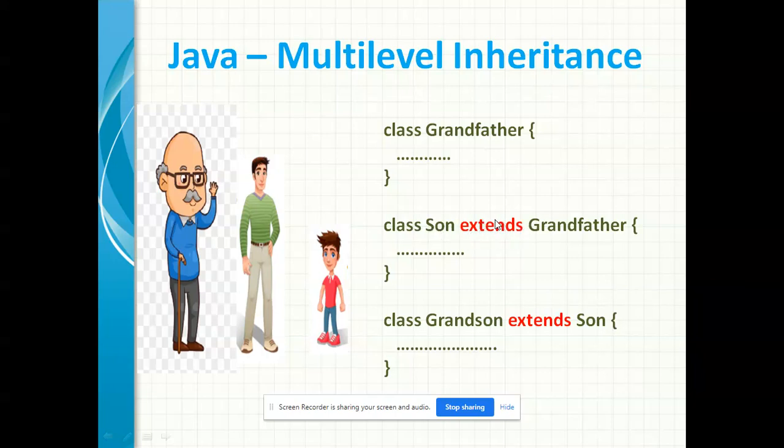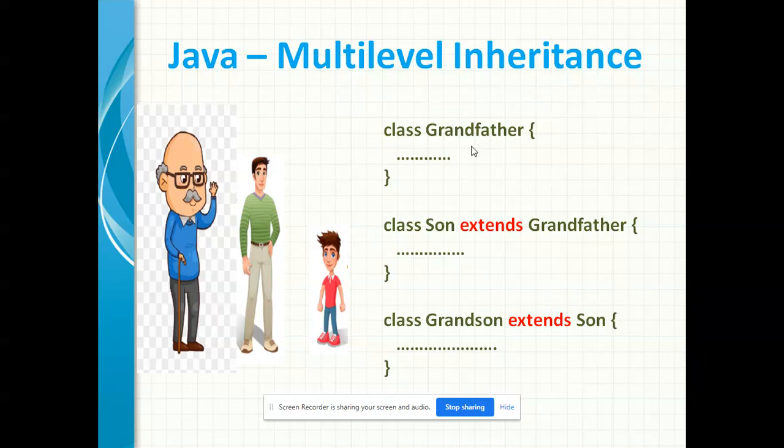We know that by using the extends keyword I can achieve inheritance. So the son is getting a copy of grandfather, and from son the grandson is getting a copy. Finally you can see grandson is extending son and son is extending grandfather. This kind of inheritance is called multi-level inheritance.